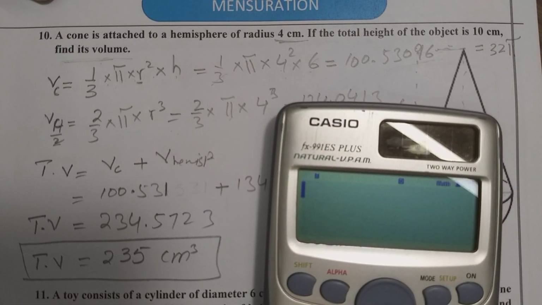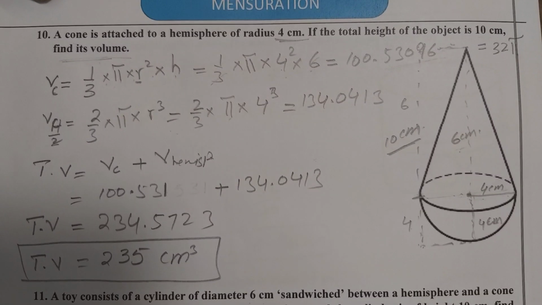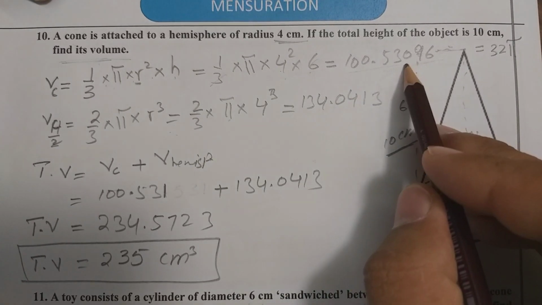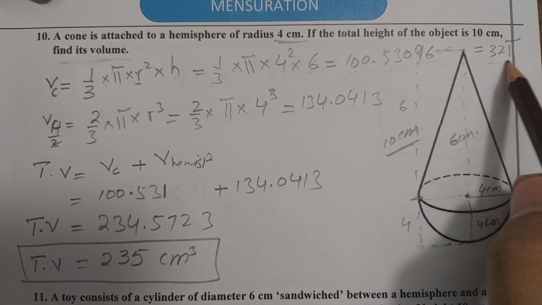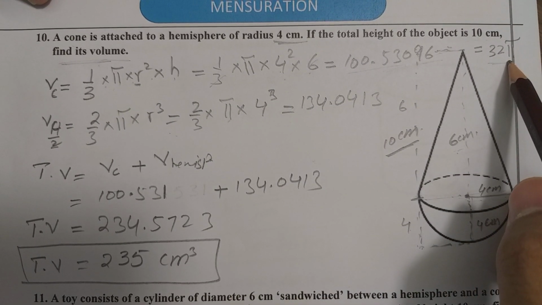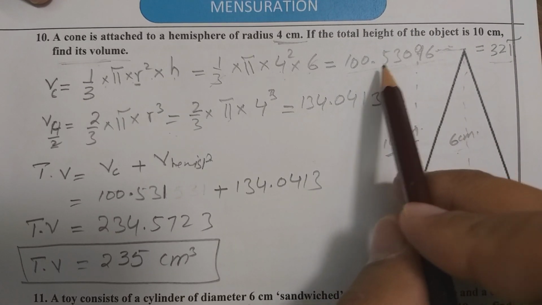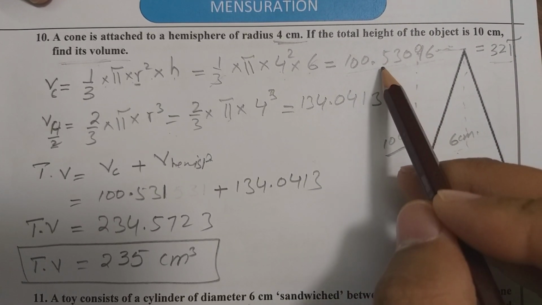So leave it as an exact answer, 32 pi. Leave it in 32 pi rather than writing in decimal places, because some students may write the answer in one decimal place.